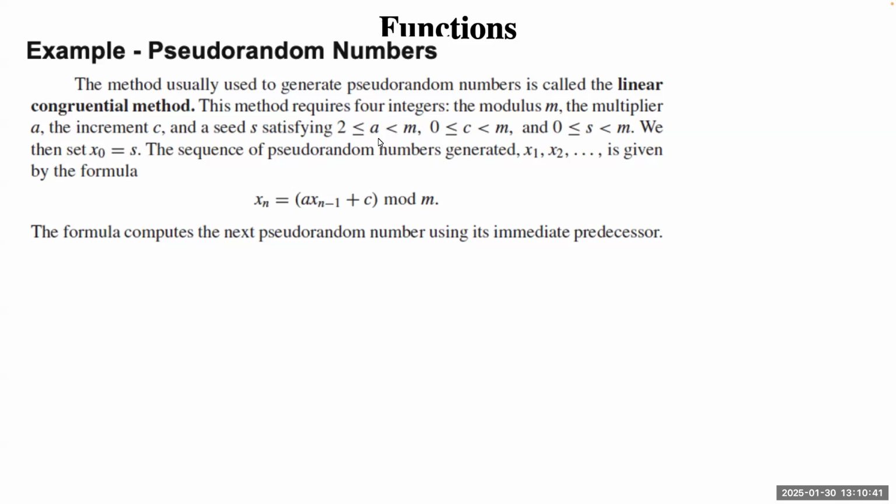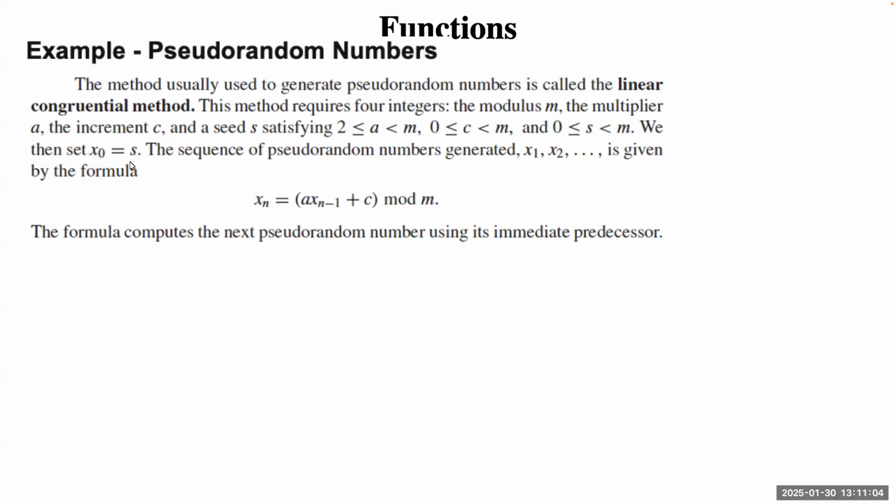You also have rules. A has to be greater than or equal to 2, and it has to be less than whatever your modulus is. C has to be greater than or equal to 0 and less than your modulus. And the seed just has to be greater than or equal to 0, less than your modulus. Okay. We set the first element in the random number list, x0, to the seed.